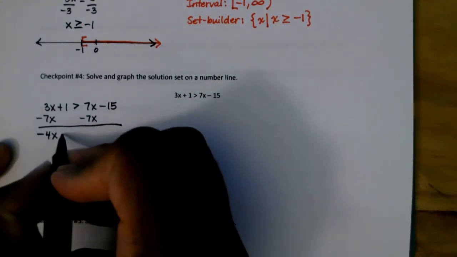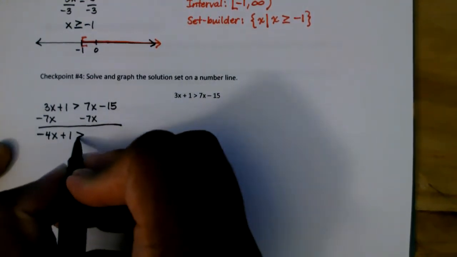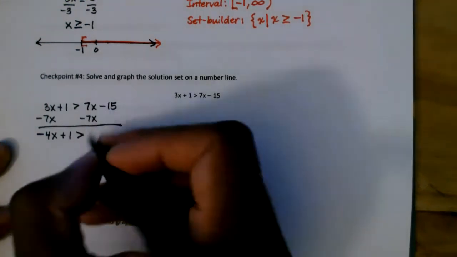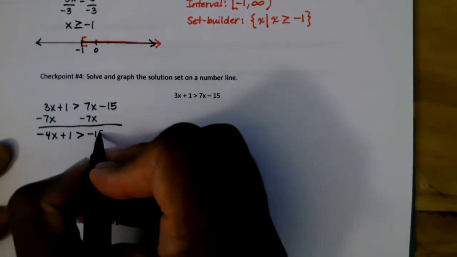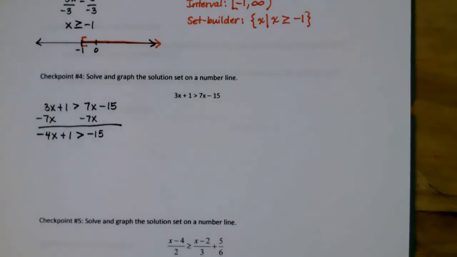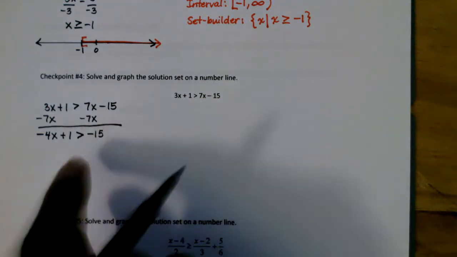That's -4x plus 1 is greater than, bring down that -15. And I should say bring down the negative in front of the 15 because I see people forget to bring that down.